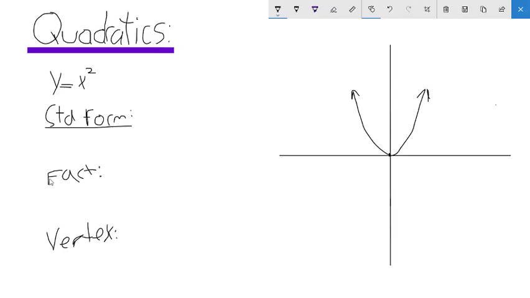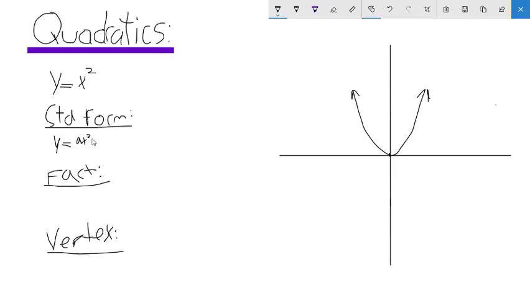So the standard form looks a little bit like the parent function, but it's a little more extended. It's going to be the same y equals x squared, but now we're going to have a couple of extra variables in here. We're going to have y equals a times x squared, and I'll explain in a little bit what the a does.